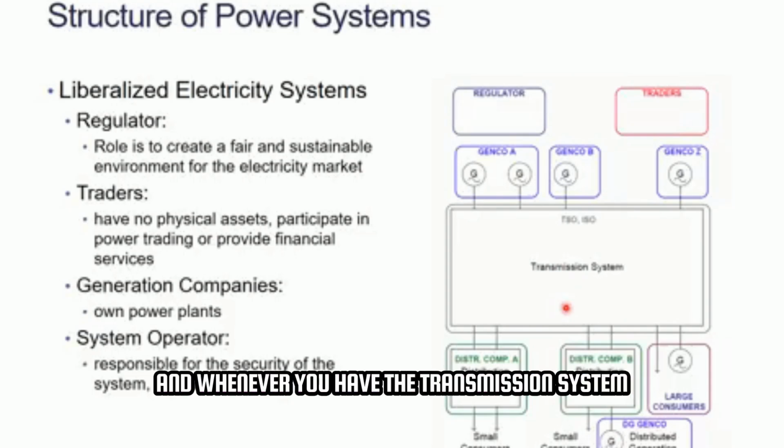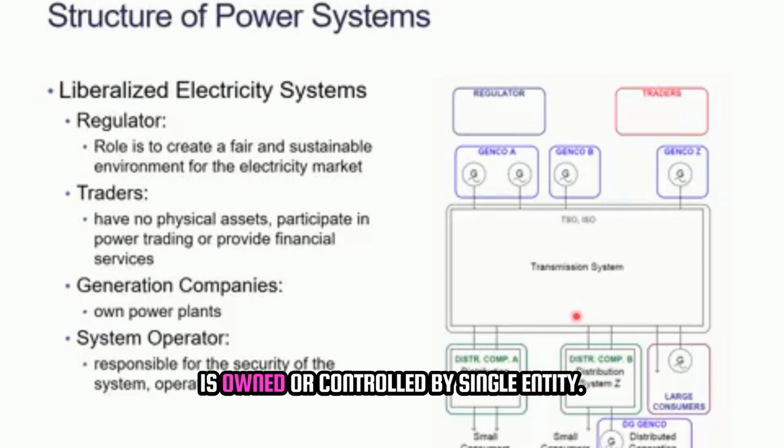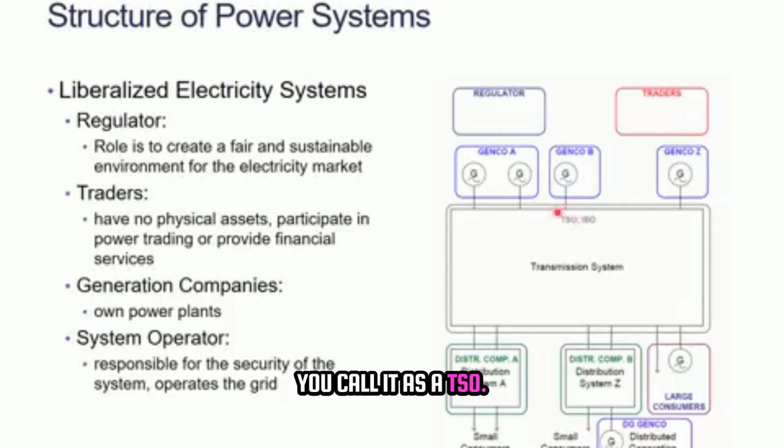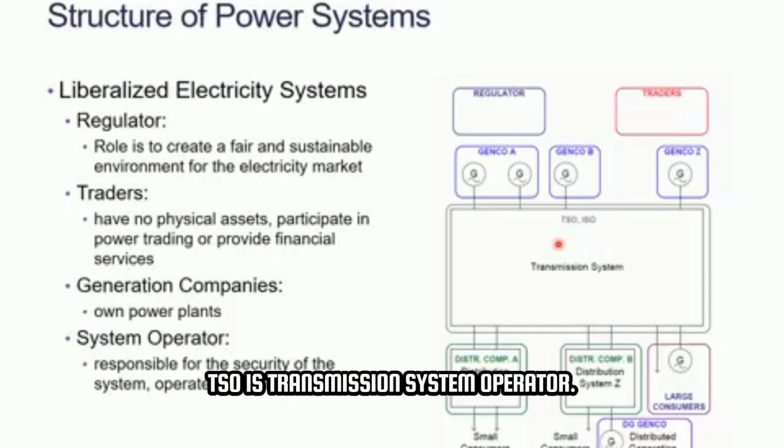And whenever the transmission system and the system operator are both owned or controlled by a single entity, you call it a TSO. TSO is transmission system operator. So the transmission system operator is the person who owns the transmission system. Also, he controls or operates the power system. So then you call it a TSO.